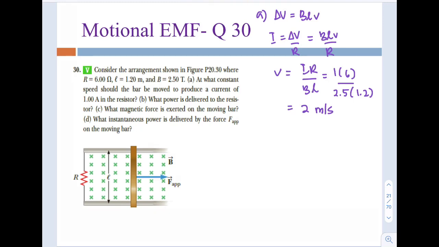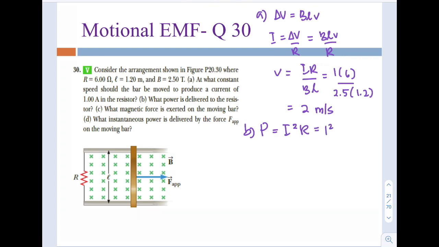For part B, what power is delivered to the resistor? We are going to calculate power. Power is equivalent to I square R, that is the information that we can gather.